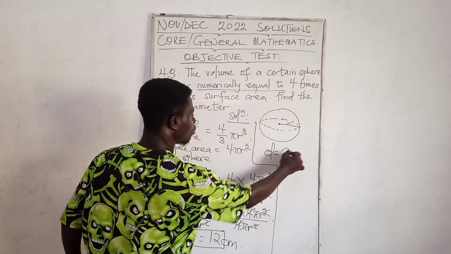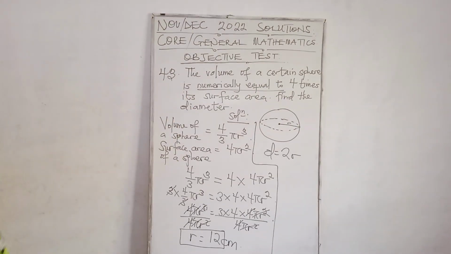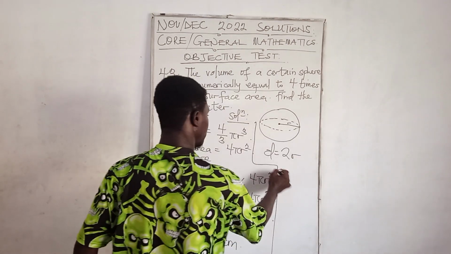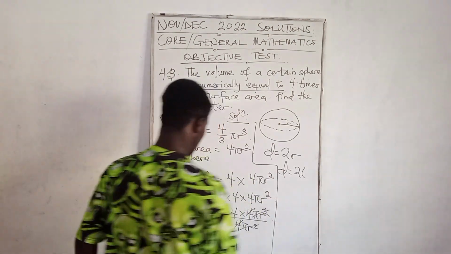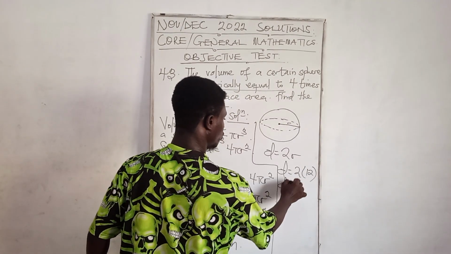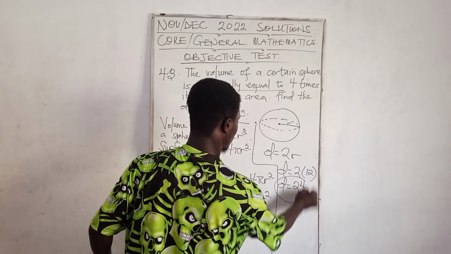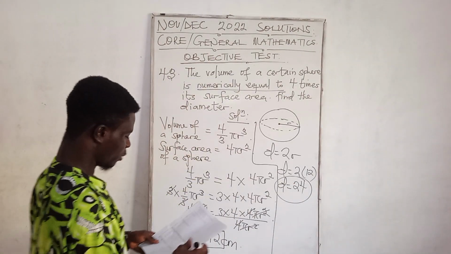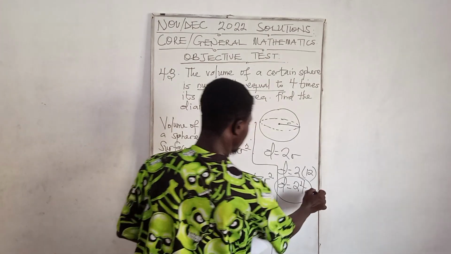Diameter equals 2 times the radius. So diameter equals 2 times 12, which is 24. So this is the diameter, which is 24 centimeters.